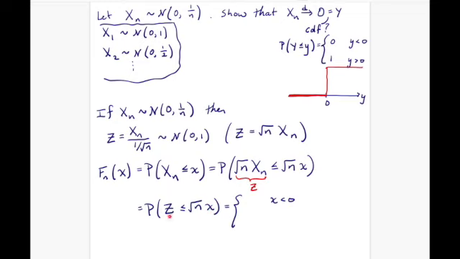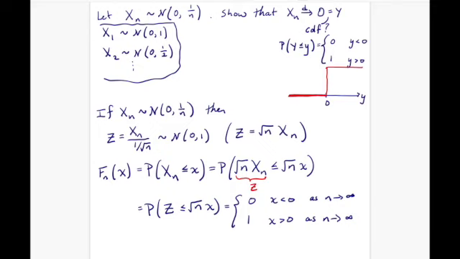And what's the probability that a standard normal is less than or equal to negative infinity in the limit? Well, that'll be 0. Similarly, if x is positive, then this becomes positive infinity. And what's the probability that a standard normal is less than or equal to positive infinity? Well, that's going to be 1 for x positive as n goes to infinity.